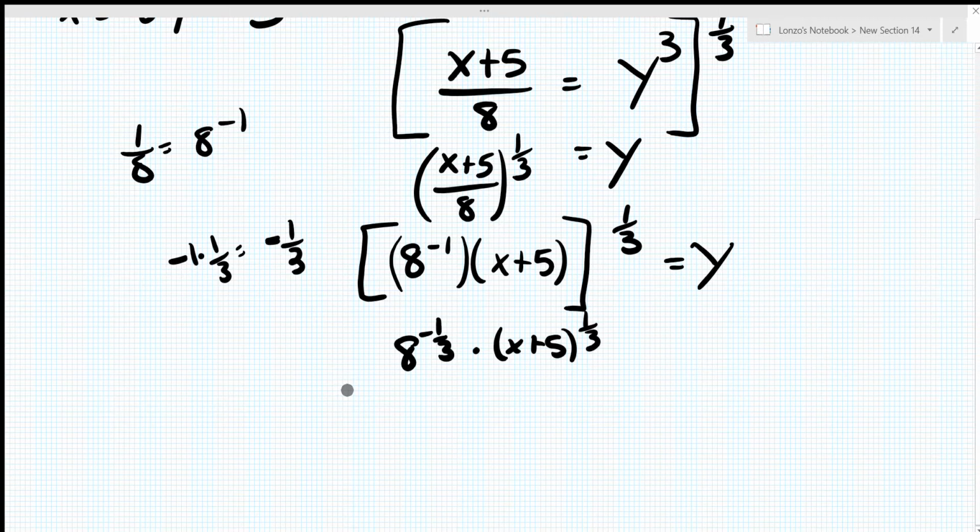This 8 to the negative 1/3 is equivalent to saying 1 over 8 to the positive 1/3, and 8 to the 1/3 is 2. It's 1/2, right? Because 8 to the 1/3 is 2.